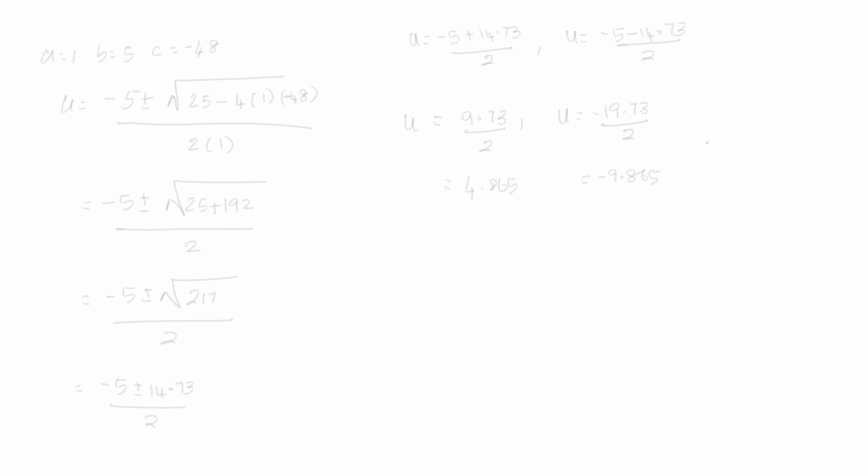But this is the solution for u, and we actually want the solution for x. So our initial substitution was u equals x squared. This would mean x squared equals 4.865, and x squared equals minus 9.865. I can omit the second solution right away because this will result in an imaginary number.